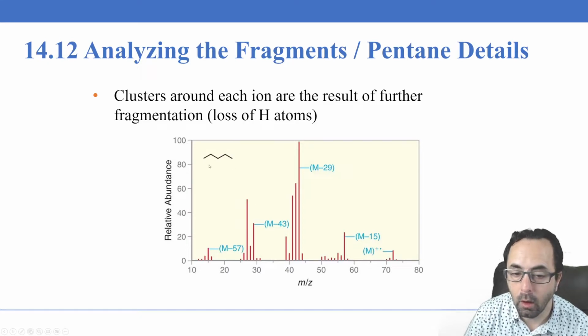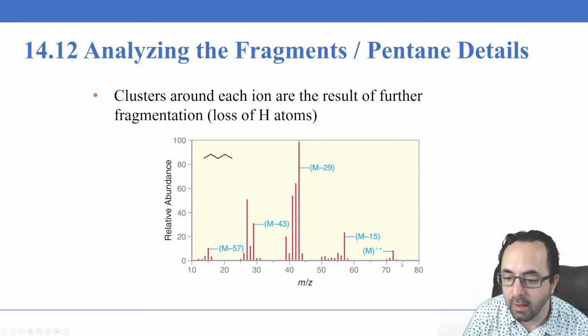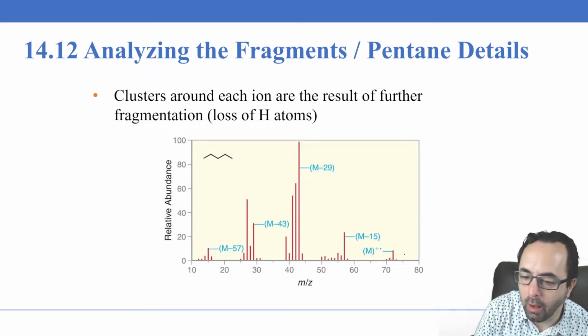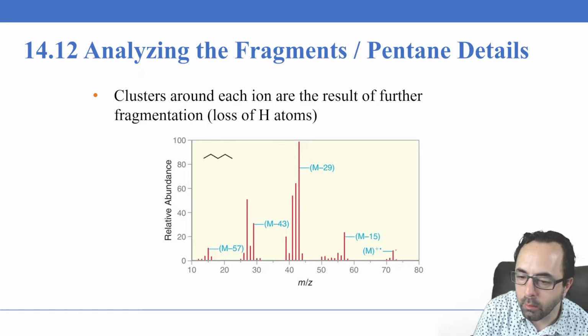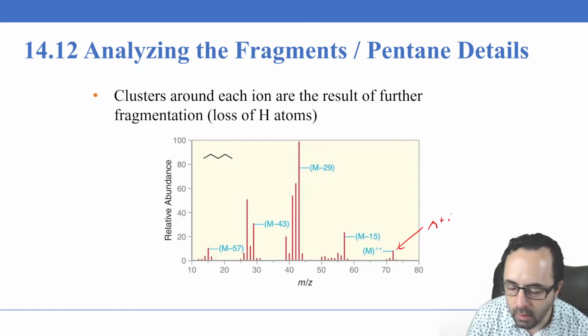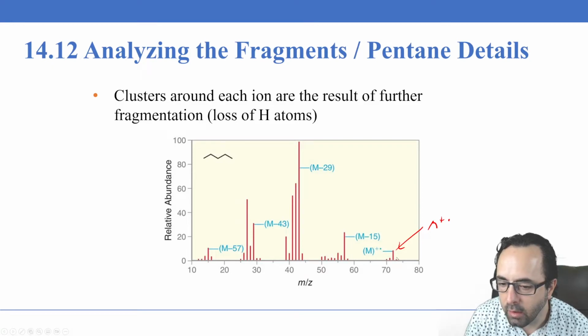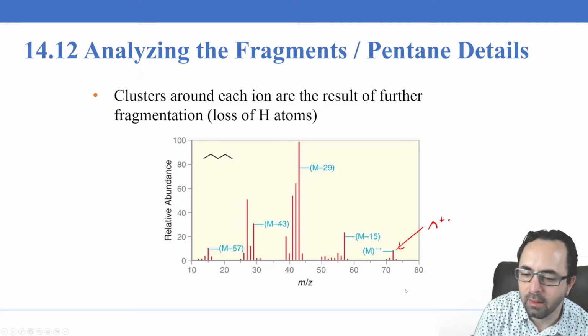So here we are again with pentane, and we can see for pentane the molecular ion would be right here. It's at 72. And you can see that it's very small because we've had a lot of fragmentation, right? And so we want to look for what's 15 less than 72.